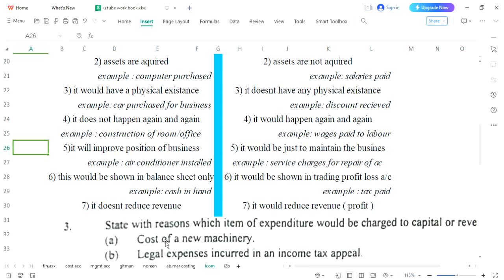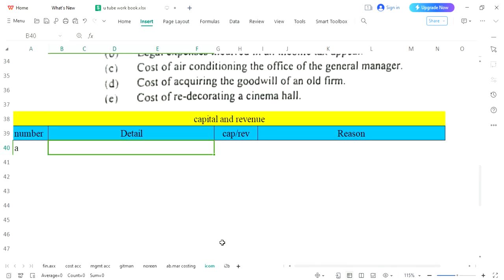So let's begin. Number 1 is cost of machinery. Here you will write A and you may write cost of machine. As you can understand, machine is an asset. It would appear in the balance sheet. It would have a physical existence. It is for long term. That means once you purchase the machinery, it would not be transformed or altered.